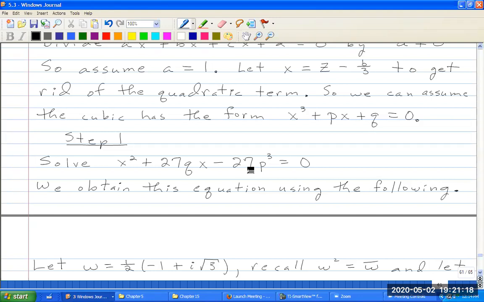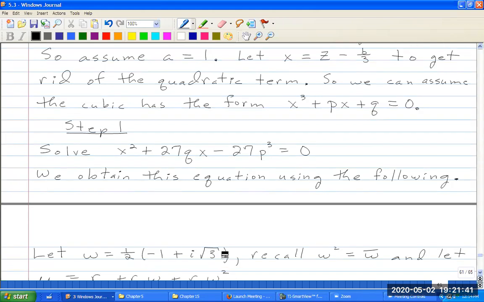So we obtain this equation using the following. Let omega equal 1/2 times (-1 plus i root 3), the cube root of unity. Recall that omega squared is just the complex conjugate of omega.